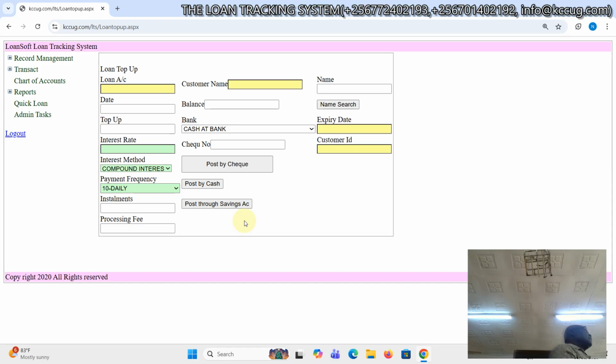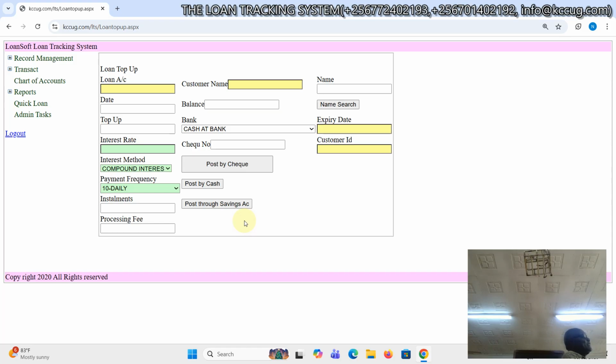Some SACCOs say that once you finish it, then you give him the new one. But you could give him the 500,000, especially if he is behaving. Give him the additional 500,000 shillings. What is now going to happen is that the recoverable amount shall be higher because the period is not extended.